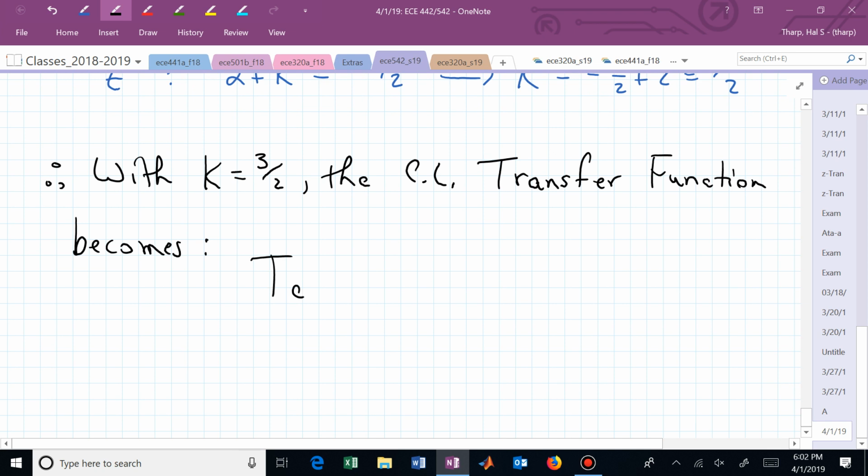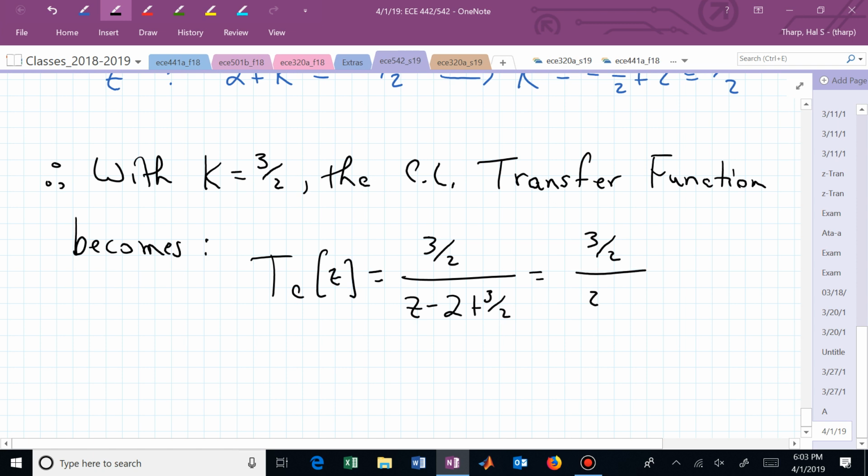The T sub c of z, when we cleared all the denominators and numerators, we ended up with k, which in this case was 3/2 in the numerator, over z minus 2 plus k, or this is now 3/2 over z minus 1/2.